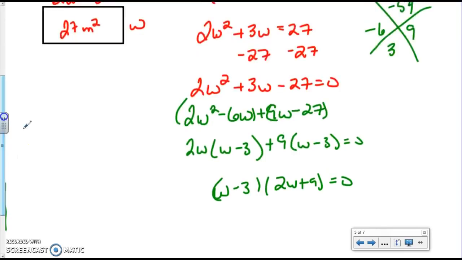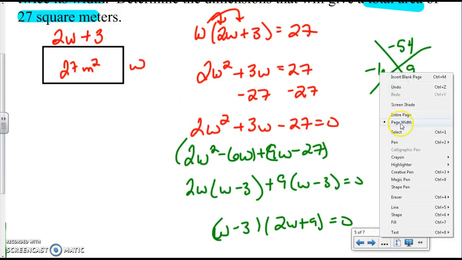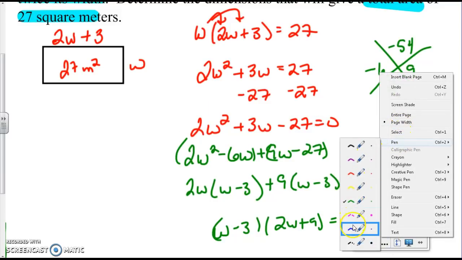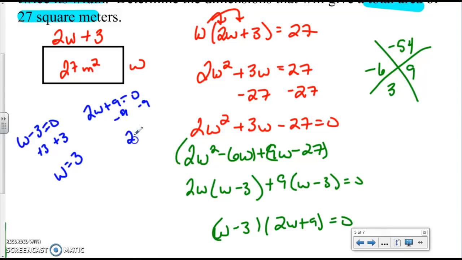We're going to solve each of those. See which one works. Set each part equal to 0. So w minus 3 equals 0. And 2w plus 9 equals 0. So if I add 3, I get 3 for a width there. And if I subtract 9, and then divide by 2, I get negative 4.5.